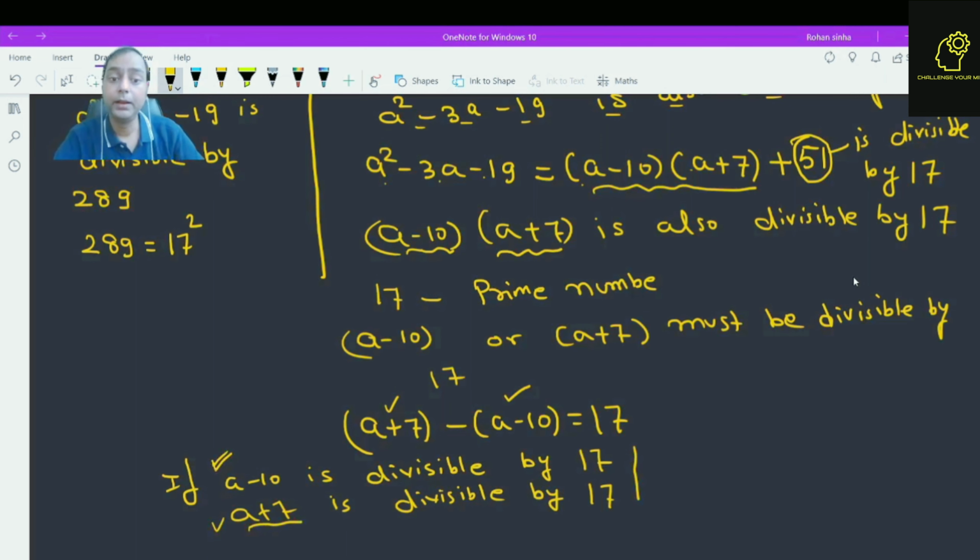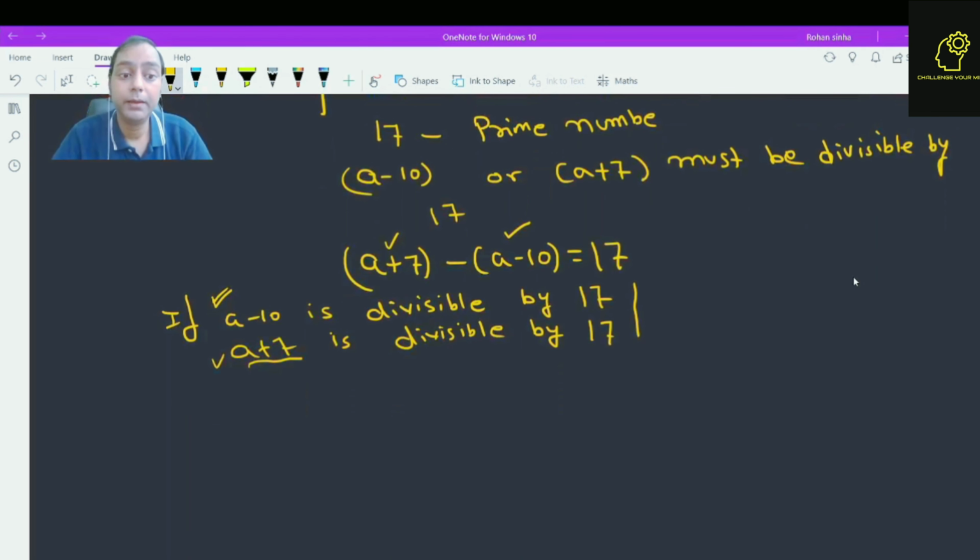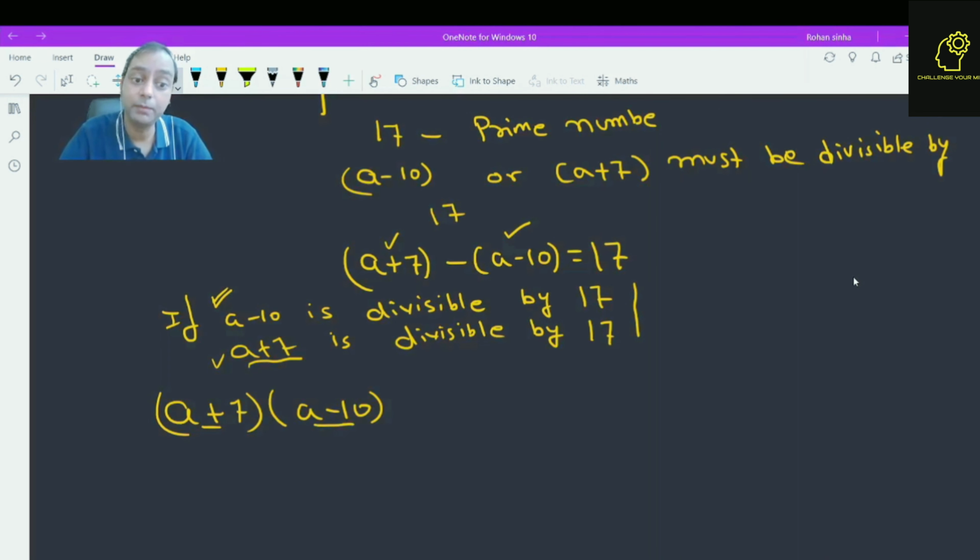So what does it mean? This means in a plus 7 into a minus 10, if any one of a plus 7 or a minus 10 is divisible by 17, the other must be divisible by 17. This means this is divisible by 289.